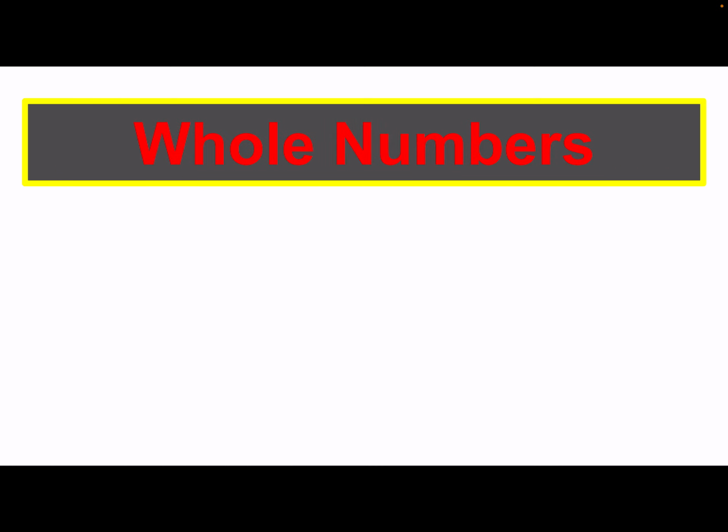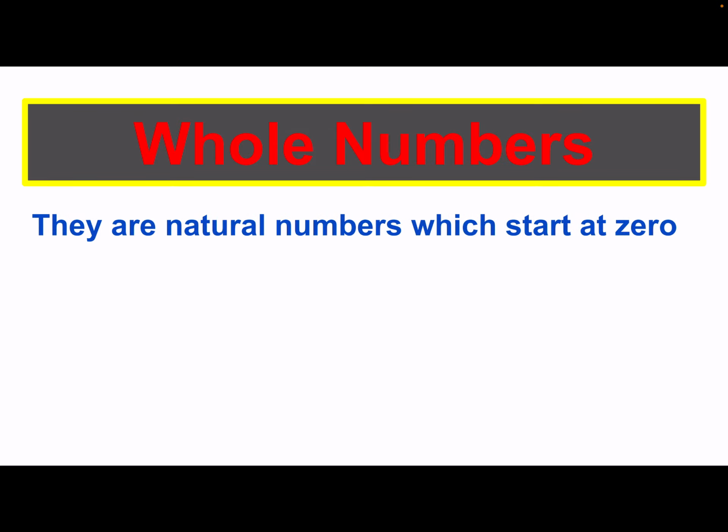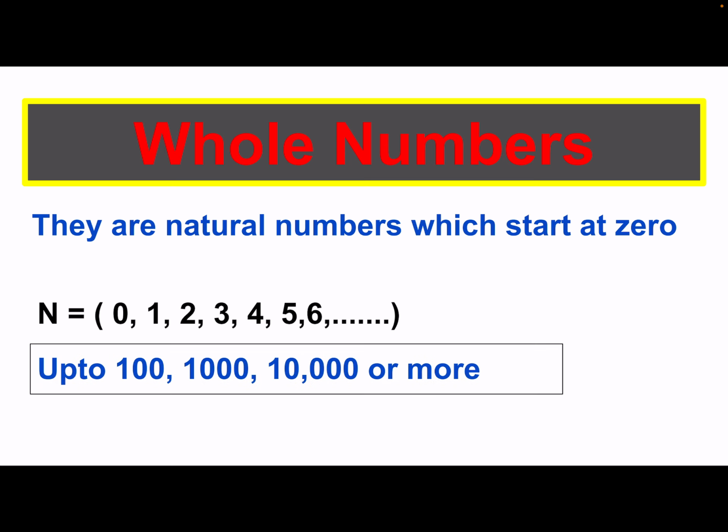Now the next in the series is whole numbers. What are whole numbers? They are natural numbers which start at 0. So 0, 1, 2, 3, 4, 5, 6 are all called whole numbers, and we can count up to 100, up to 1000, up to 10,000 or more.